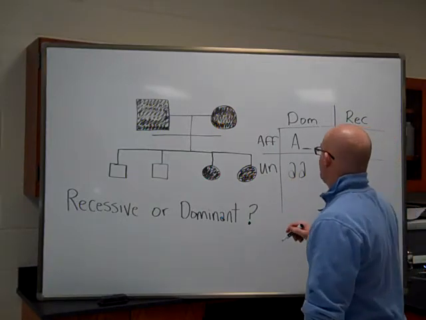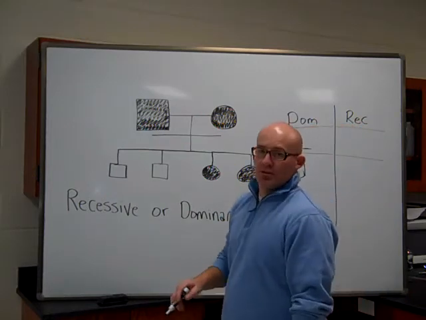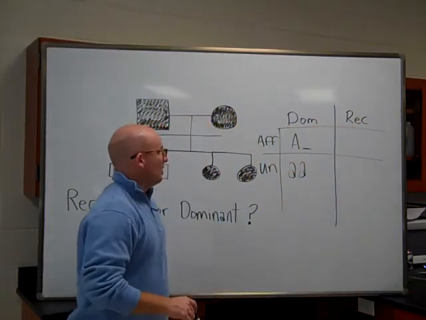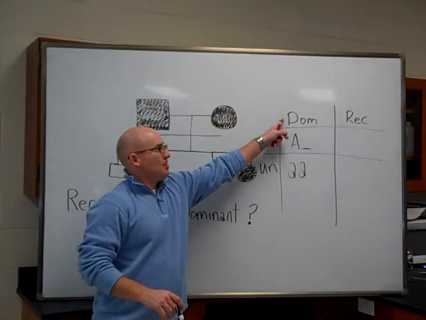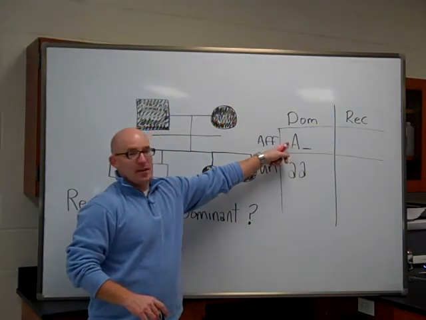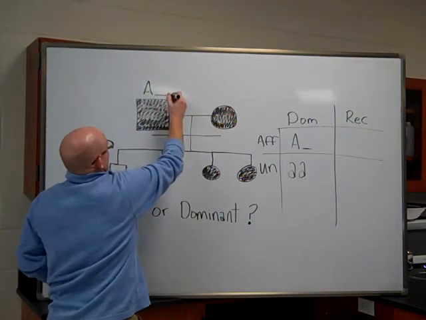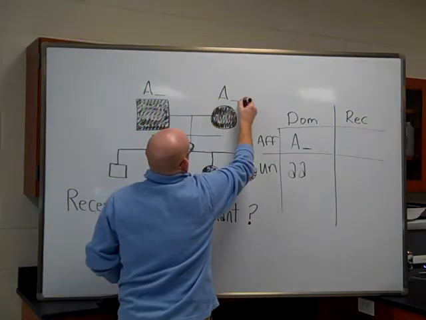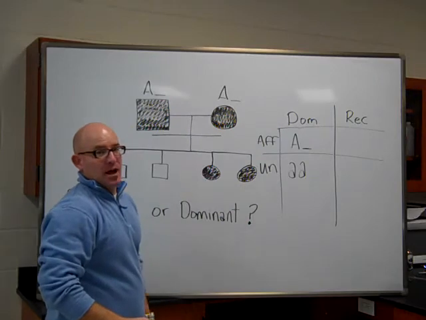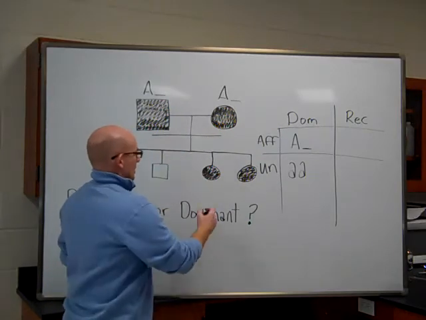So let's work through this problem just with dominance. We said if it's a dominant trait and they are affected, they must have one big A. So we could go up here and write in the possible genotypes of these people that are affected.